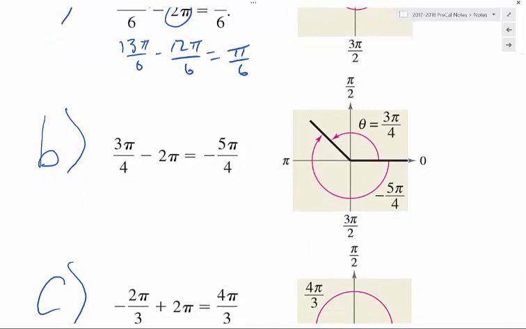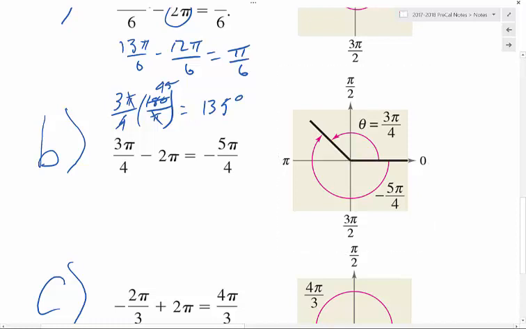For 3 pi over 4, now this is an angle less than 360, but I still want to find the coterminal angle. I still subtract 360 degrees. So 3 pi over 4 times 180 over pi, to get it from radians to degrees, is 135 degrees.